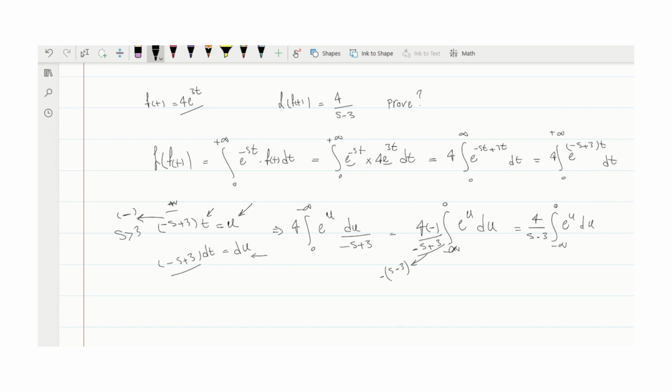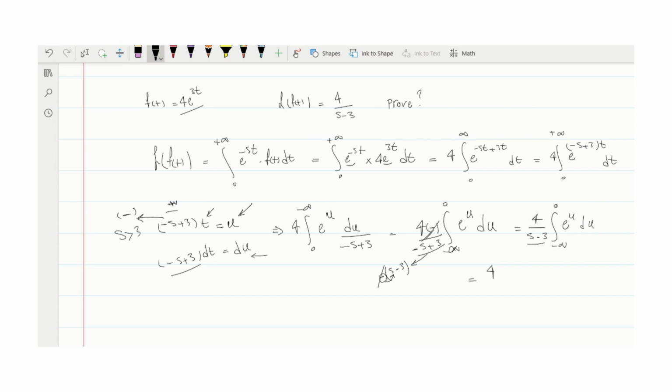If you want to test, you can multiply this negative 1 into the parentheses. It will be minus s plus 3, which is this value in here. So you just take away these minuses, which are both minus 1, and rewrite the equation as it is.